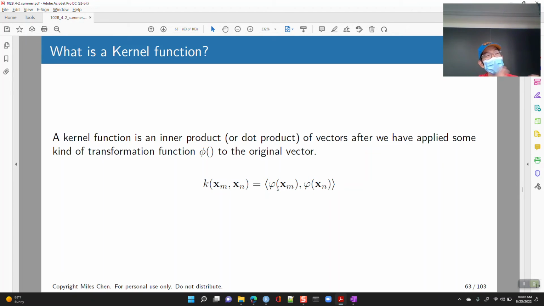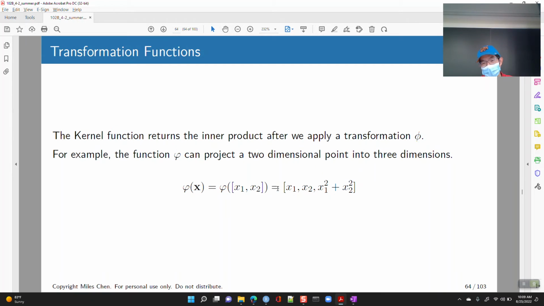You can apply more complicated transformations, which is what we're going to do, where we convert our values from 2D into 3D. We apply some kind of transformation function. Here is a very simple one where my data exists in 2 dimensions. I have x1 and x2, 2 coordinates.